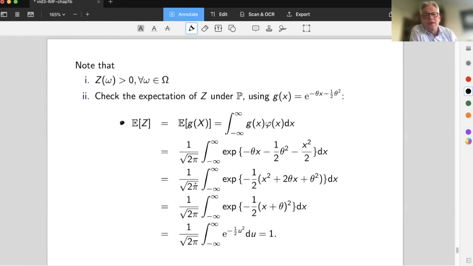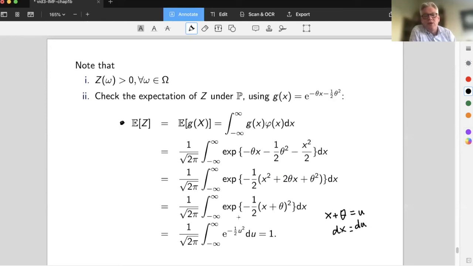So this line to this line is identical, of course. So that's e to the power minus 1/2 x plus theta squared dx. Now we do a change of variables. We say x plus theta is equal to u. And that means that dx is equal to du.